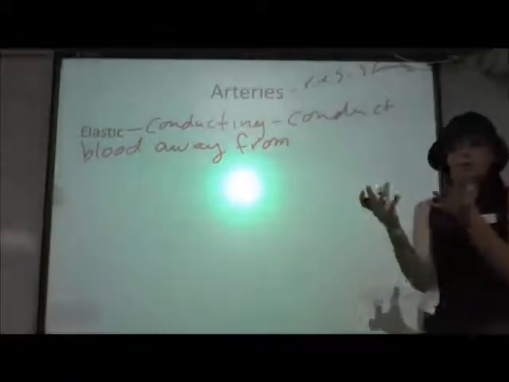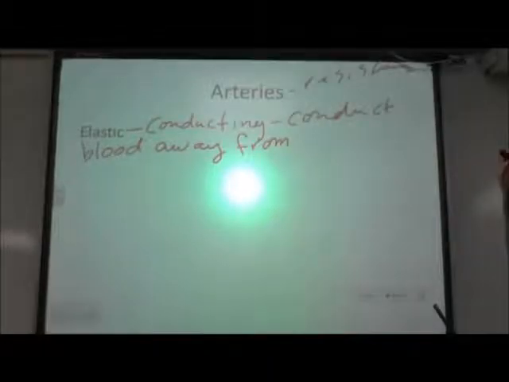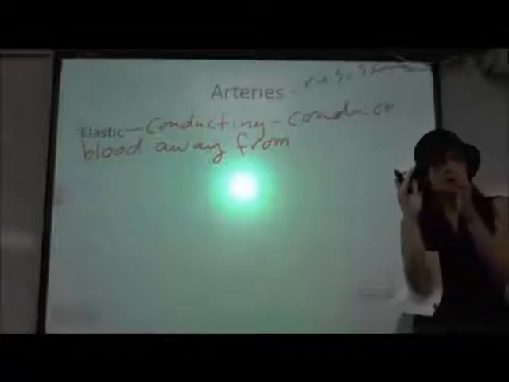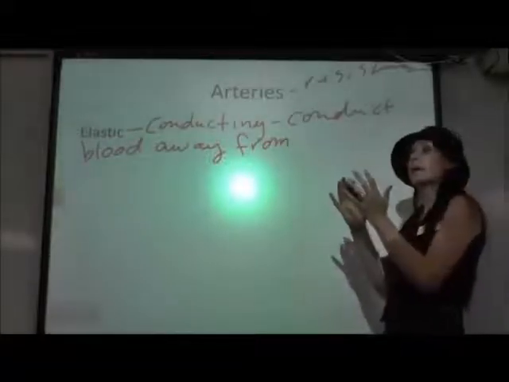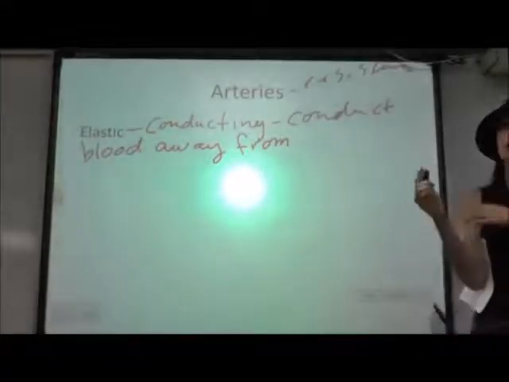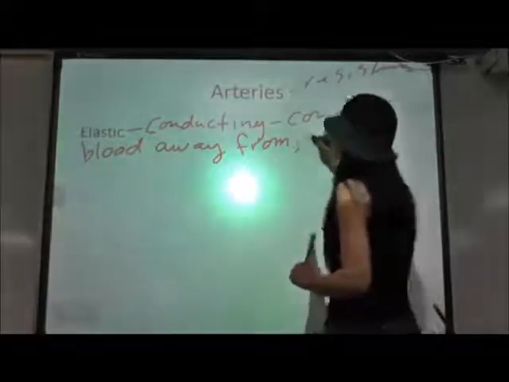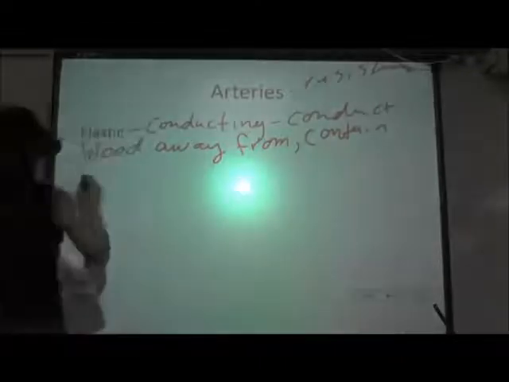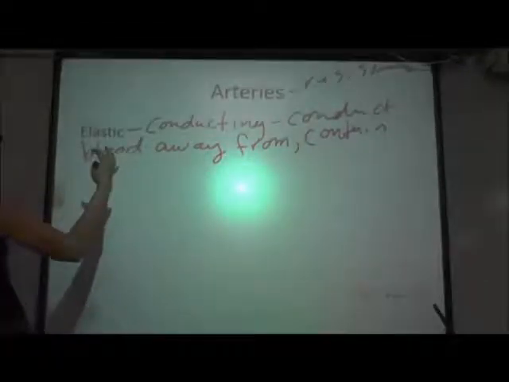All that blood pressure, when the ventricles contract, they need to be able to expand, and then they recoil when the ventricles relax, and that is going to allow us to maintain blood pressure even though the ventricles are relaxing. So they contain elastic connective tissue, which gives them elasticity, which is the ability to stretch and recoil.